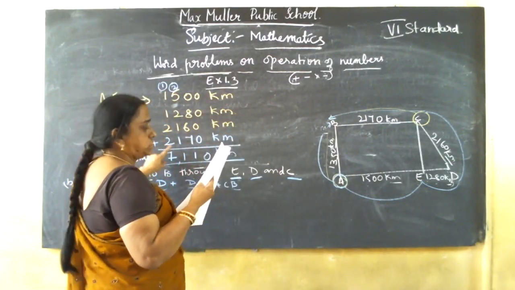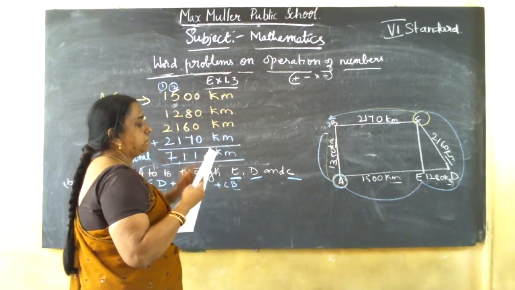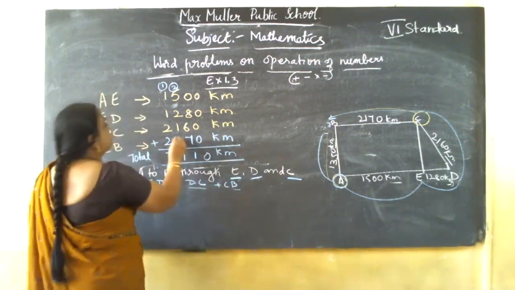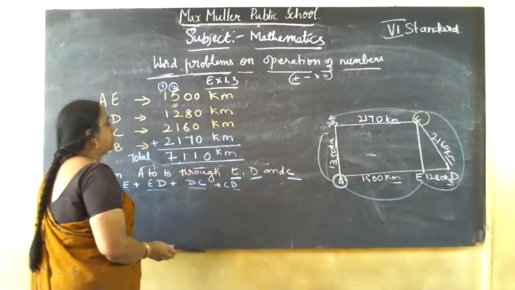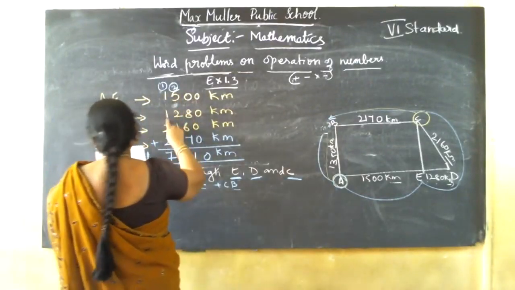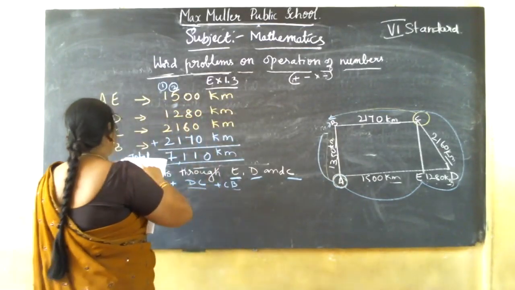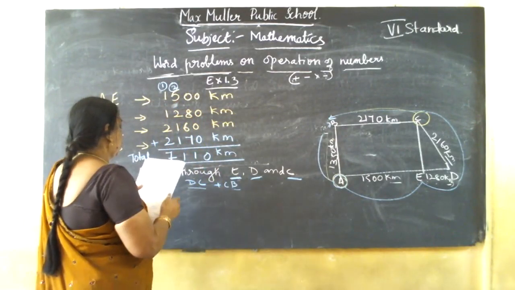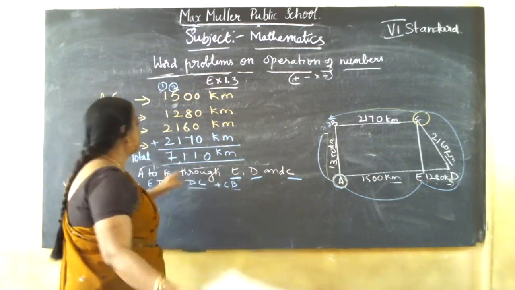Here 2170. Wait children, textbook question. This is correct, children.